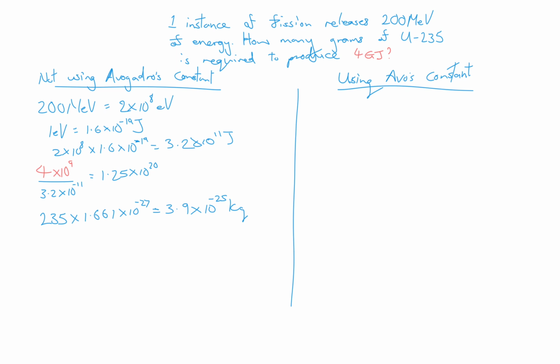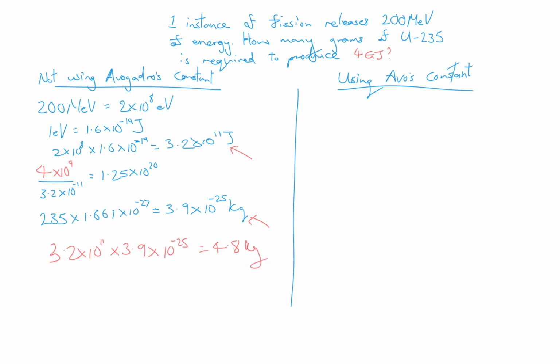And now all we've got to do is multiply these two values together. So we know how many reactions we need, and that's just up here. And we know how much one interaction weighs. So we're going to multiply these: 1.25 times 10 to the 20 multiplied by 3.9 times 10 to the minus 25 gives us, in kilograms, give or take 4.8 kg.